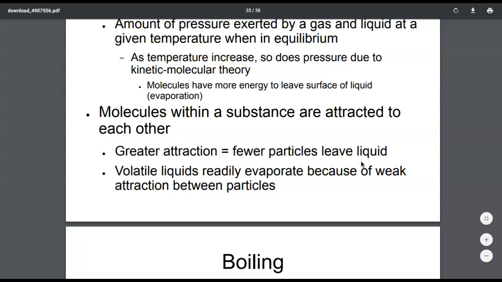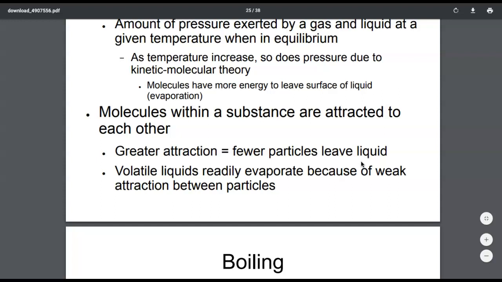Remember that water is a highly polar molecule. Because it's highly polar based on the oxygen-hydrogen bond there, it's going to experience hydrogen bonding. Remember, that's the attractive force between the negative dipole region of one water molecule and the positive dipole region of another water molecule.